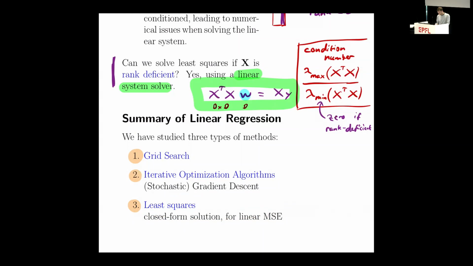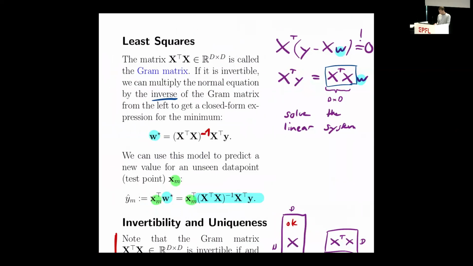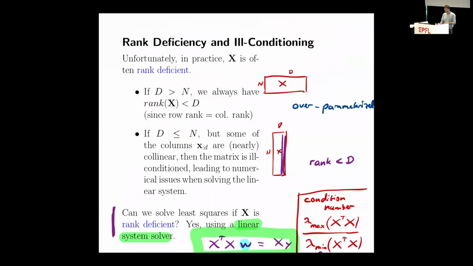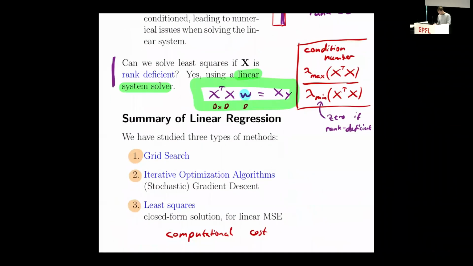And why is it faster? So does anyone of you know the computational cost, let's say, of building the inverse? So if we go this way, right? If you compute the inverse and then with this, what is going to be the cost to compute W? Any suggestions?